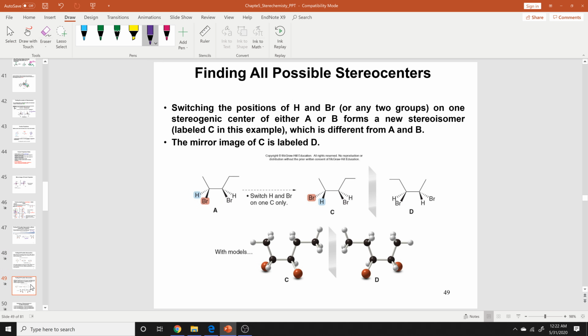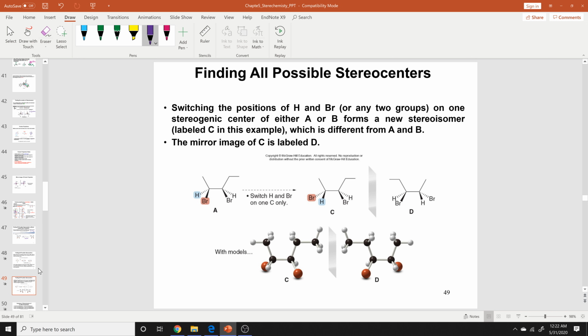Now, for the second two stereoisomers, because remember we had four. Here's what we're going to do. Remember what we said, that once you switch groups, you get the other pair of enantiomers.